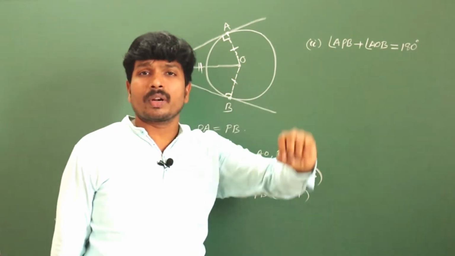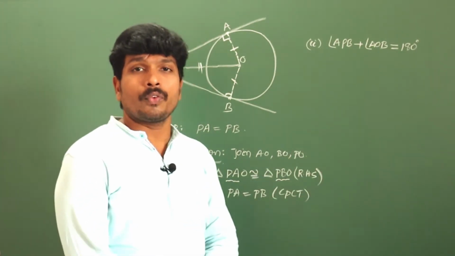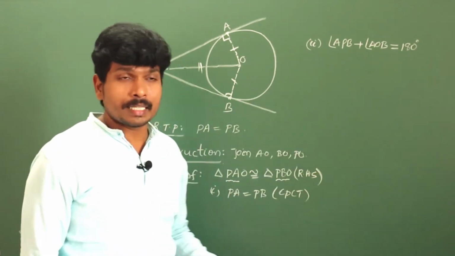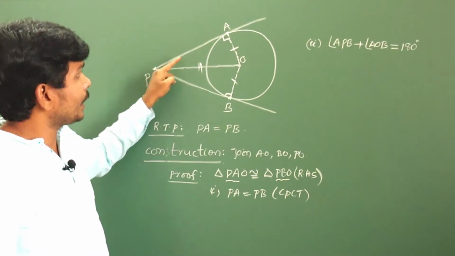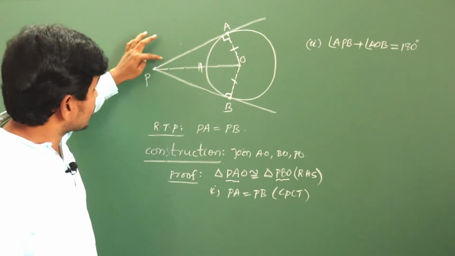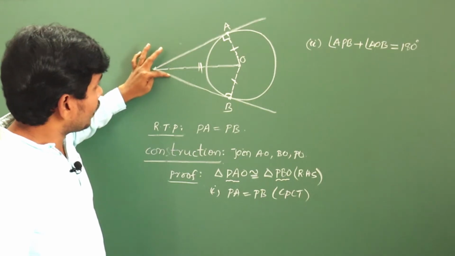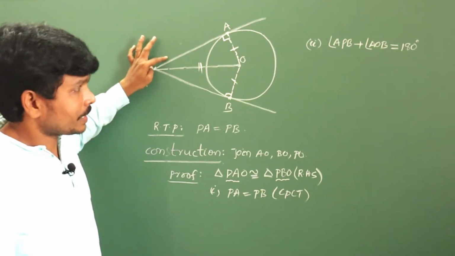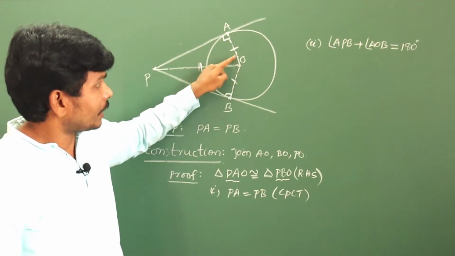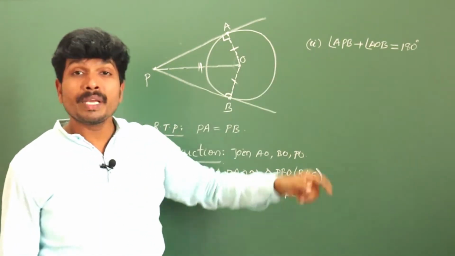This is also a wonderful result, and these results are very helpful for you. What are the angles? It is the angle inclined between the tangents, and this is the angle at the center. So their sum is 180 degrees.